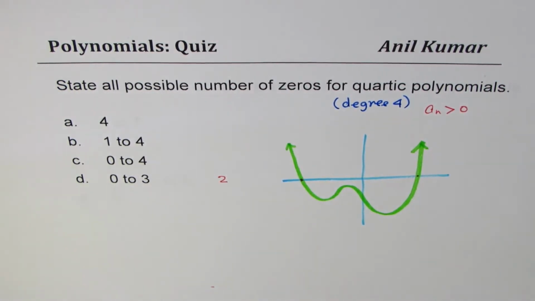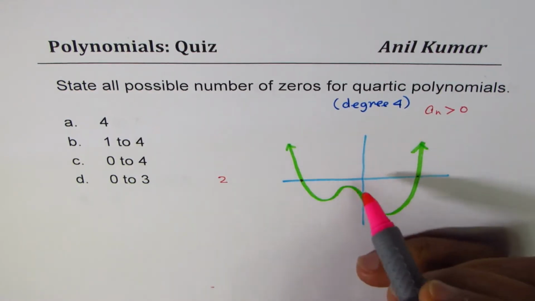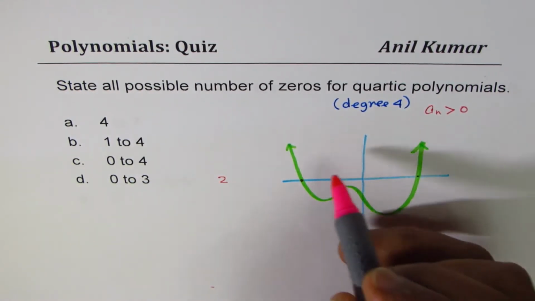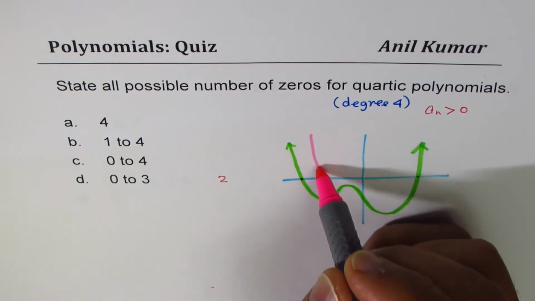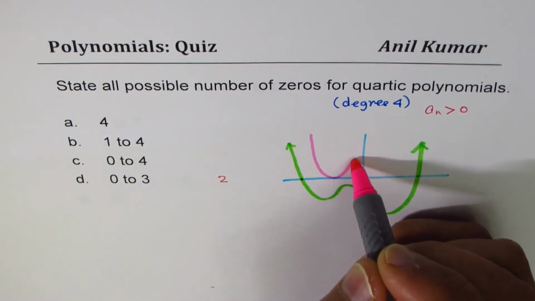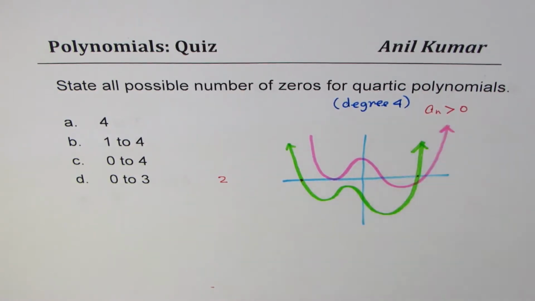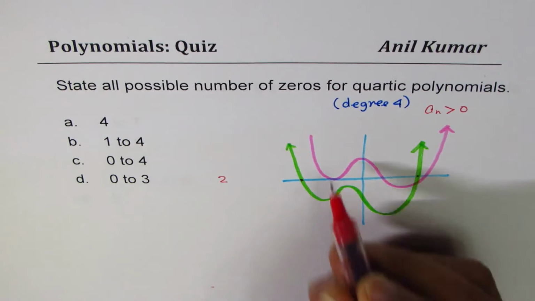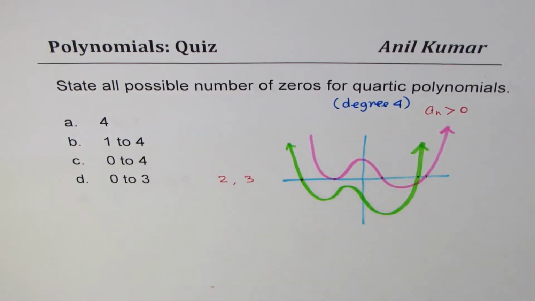If I move this somewhere upwards, we could have a scenario where the polynomial could be kind of like this. You see that? So in this particular case, you observe that there are 3 zeros. And we could actually move it further up, right?